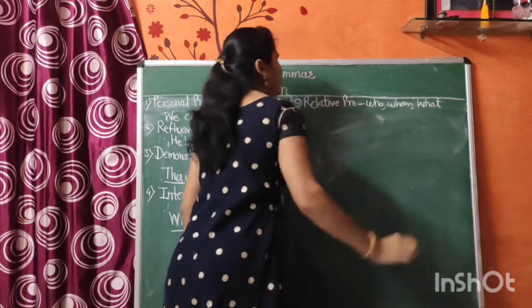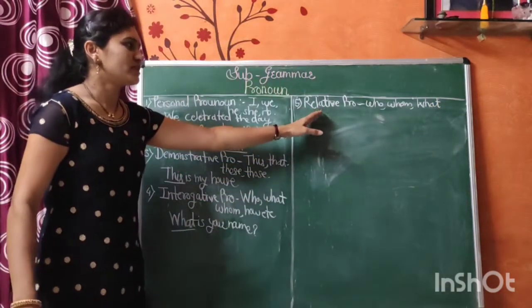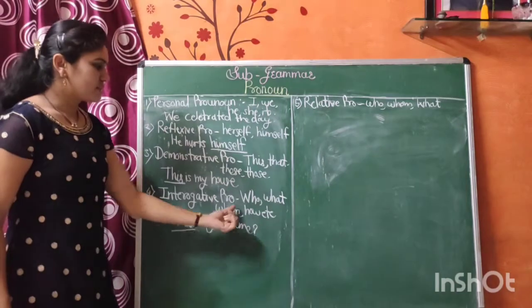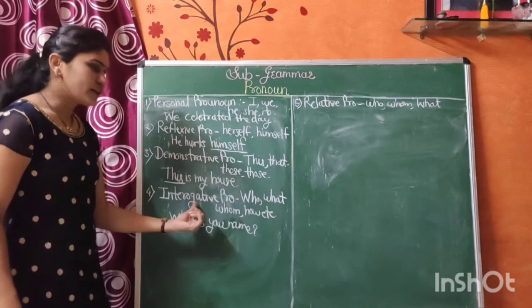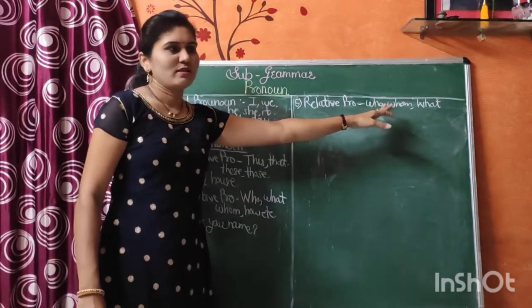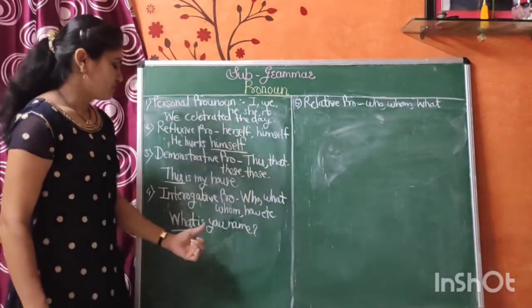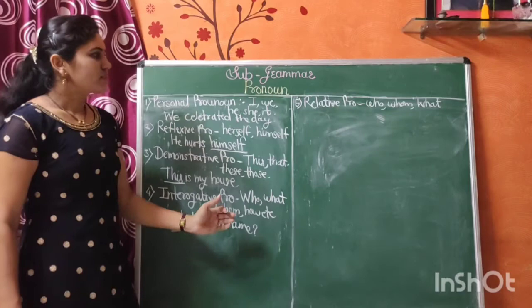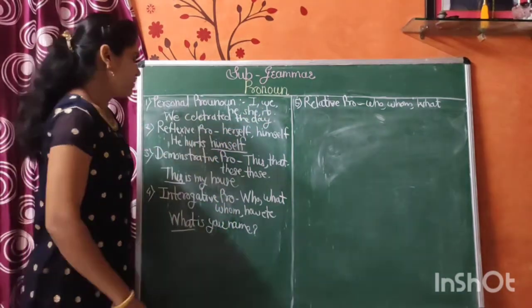These are the examples of relative pronouns. Here also we have used the same examples as in interrogative pronouns, and in relative pronouns also there are the questioning words. But the difference is, we will see by giving the example.